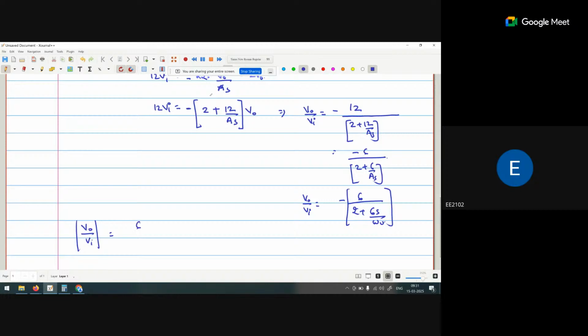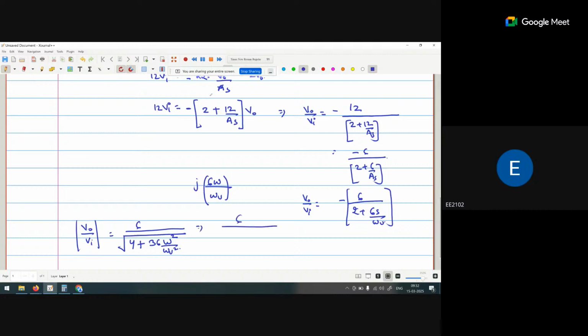Magnitude is 6 upon root of, sorry, 2, not 2, it is 4, the real component squared plus the imaginary component. Imaginary component is 6 omega upon omega u. This is the imaginary component, and omega u is already 4 omega this way. So we just put 36 omega square upon omega u square.